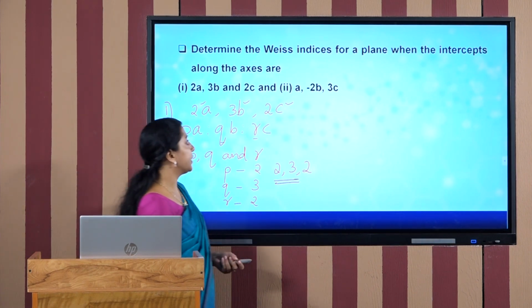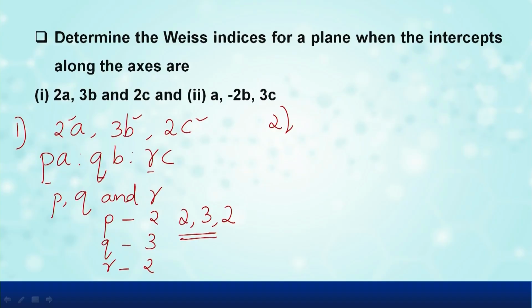Now, let us see the second question. In the second question, the given intercepts are a, minus 2b, 3c.